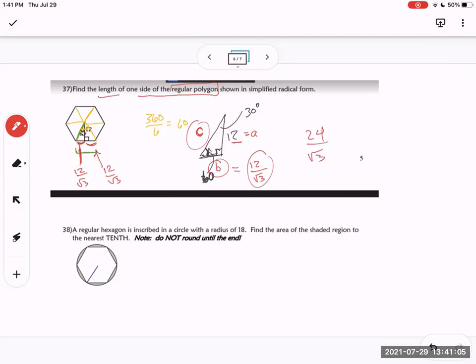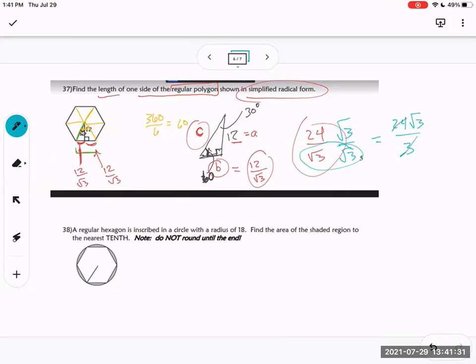Now they want us to show it in simplified radical form. This is not simplified because you can't divide by the square root of 3. So what I need to do is rationalize the denominator, multiply by the square root of 3 over the square root of 3. That will turn the denominator into 3. And so I've got 24 square roots of 3 divided by 3.